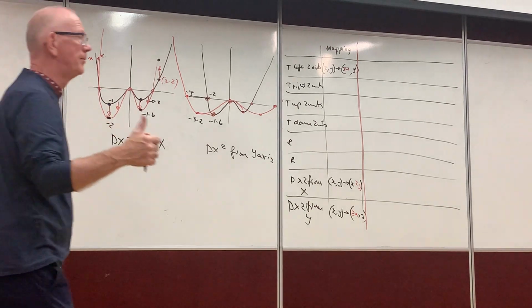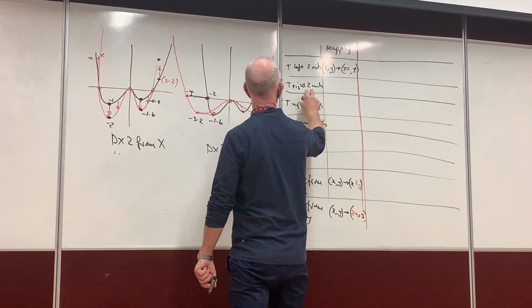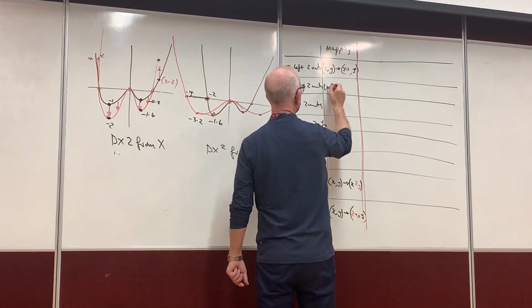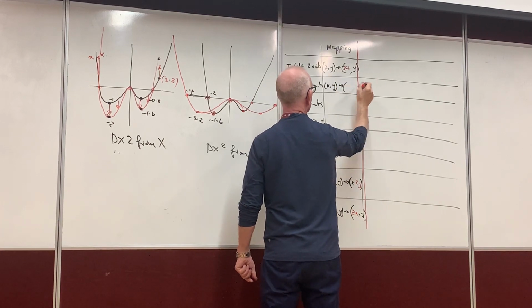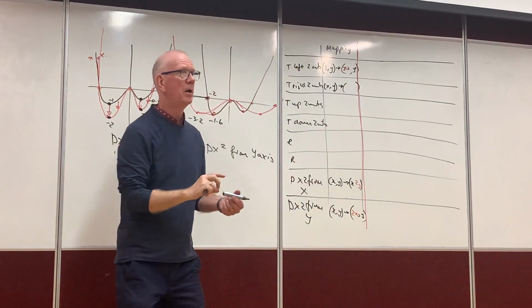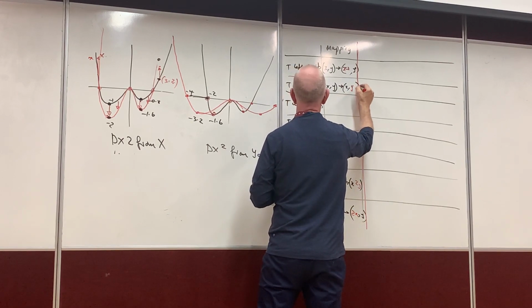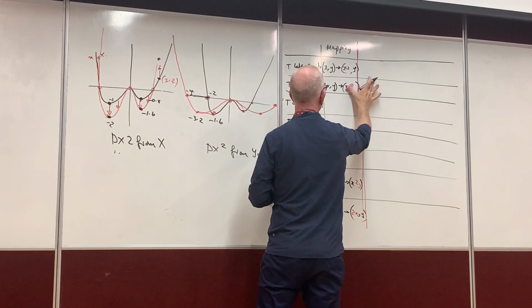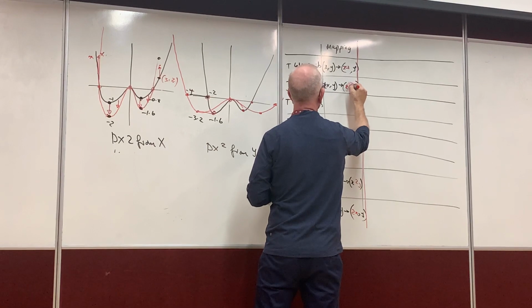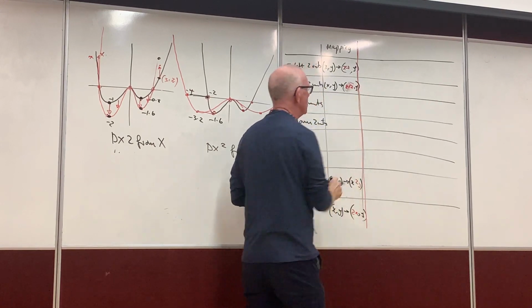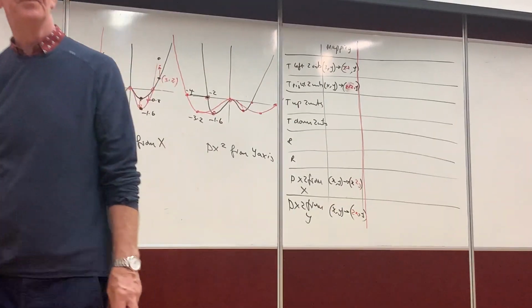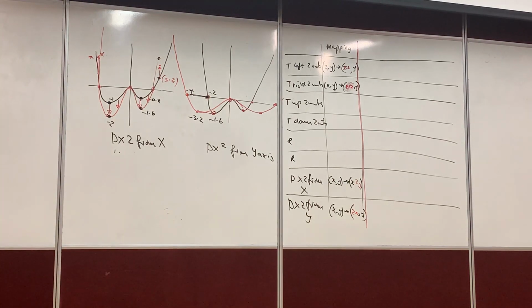Is that okay? If we went 2 units to the right, what does x, y map to? X plus 2, y.